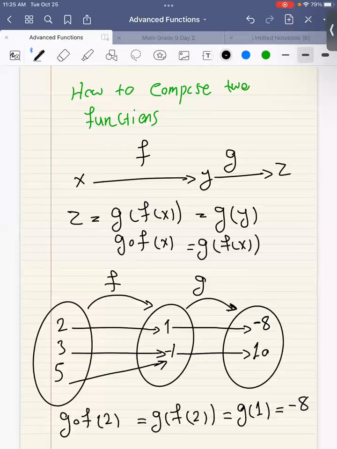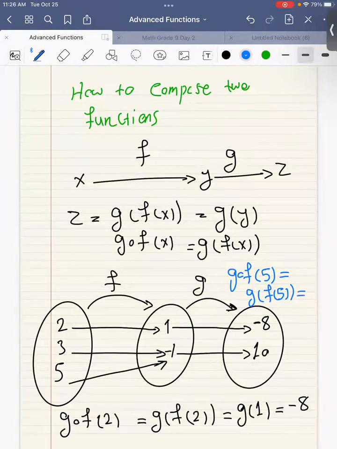Now I ask you, what is g o f of 5? So g o f of 5 is by definition g of f of 5.